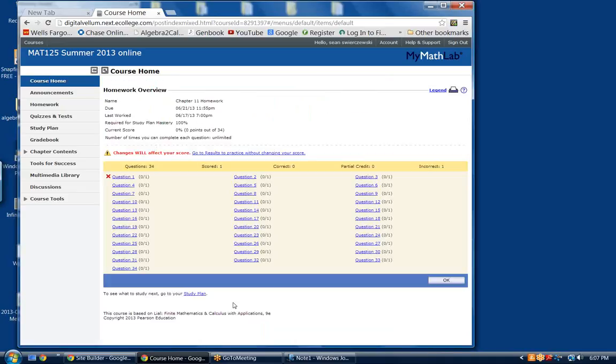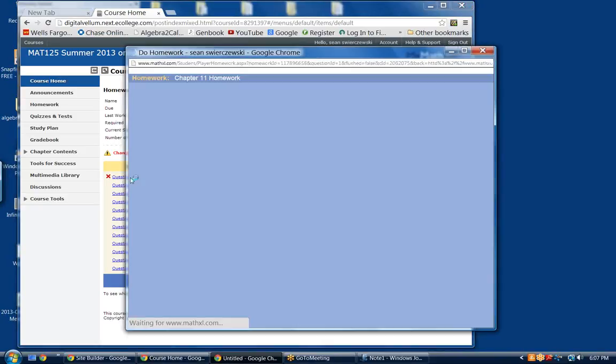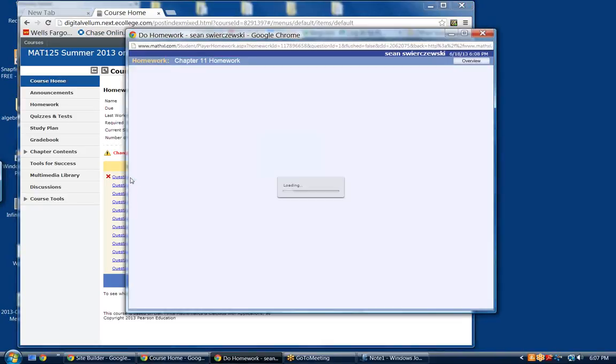Okay. And then just click on the first problem and a window will come up. It looks like there's an X by question 1 already. Should I do question 2? No, question 1's alright, because you can do similar problems until you get full credit. Okay.